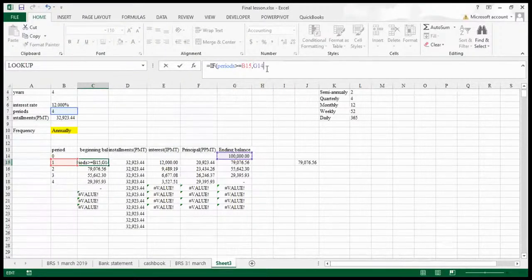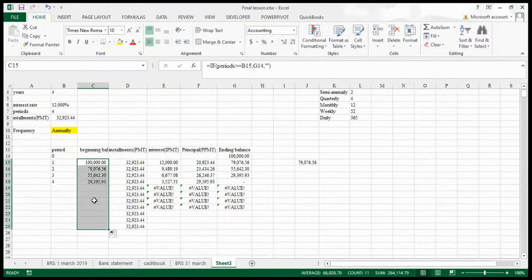If not, it should remain empty. Then I close my bracket. That's what I need to add, so that if I come here up to this point, I'm eliminating the errors that are there.